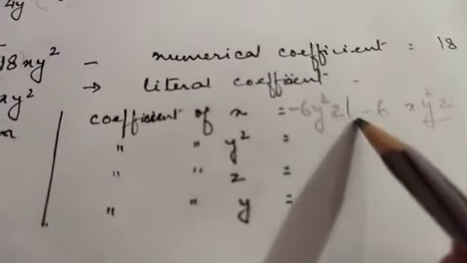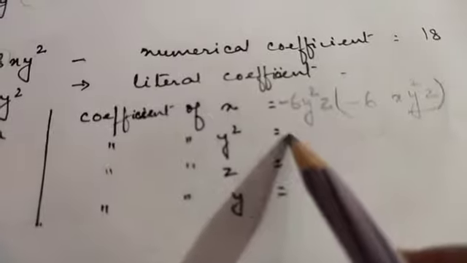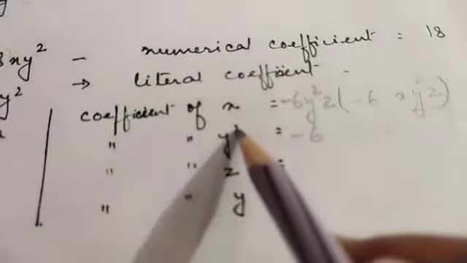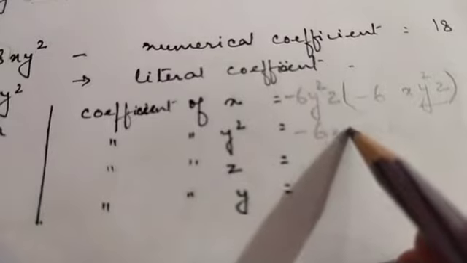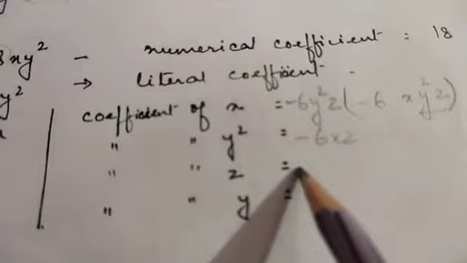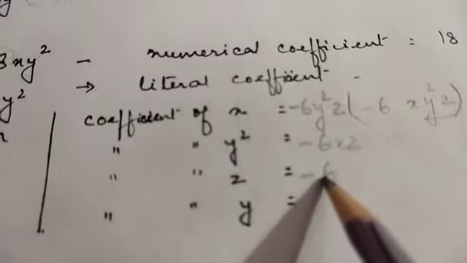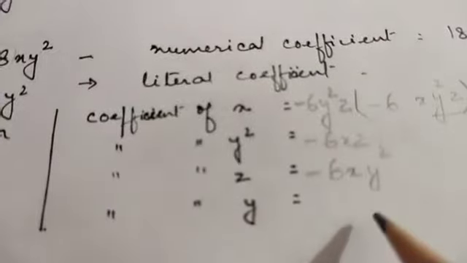When we write coefficient of y square, what is remaining? This is the term that I have taken. I have minus 6 y square taken out, then x z. Then coefficient of z is minus 6 x y square.